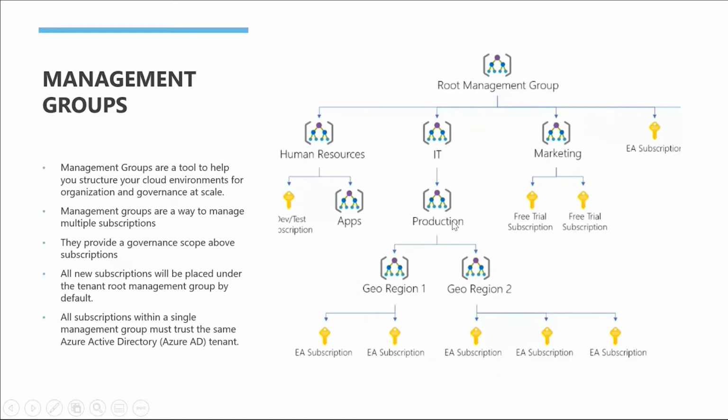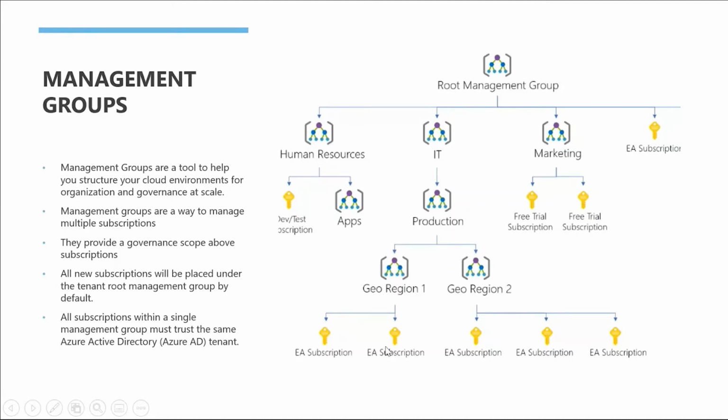Some things to note when you are dealing with management groups: all new subscriptions will be placed under your root tenant, for example, the tenant that you signed up for, and all subscriptions within a single management group must trust the same Azure Active Directory tenant, right?